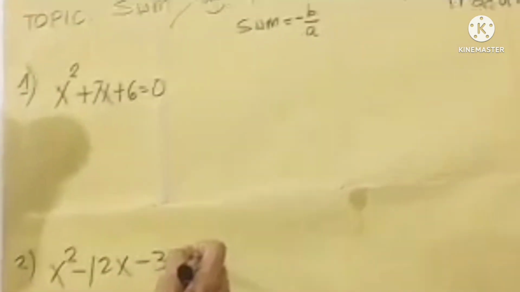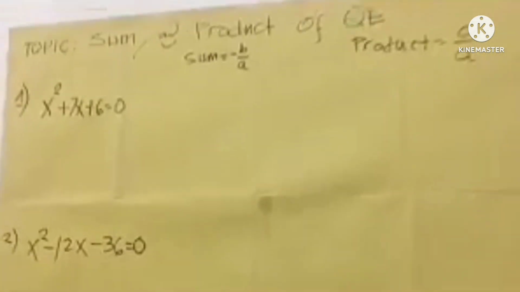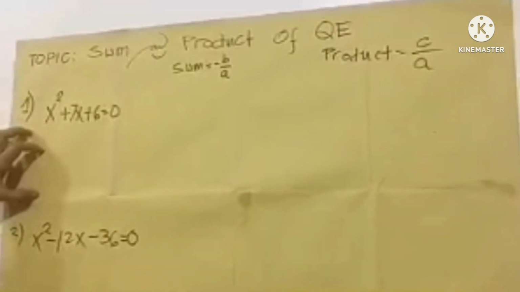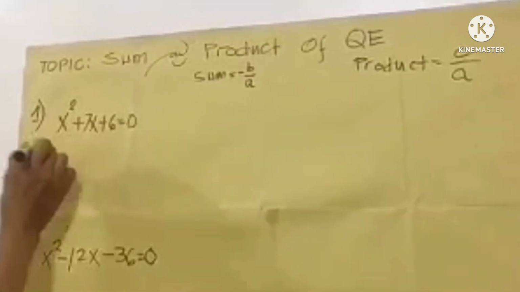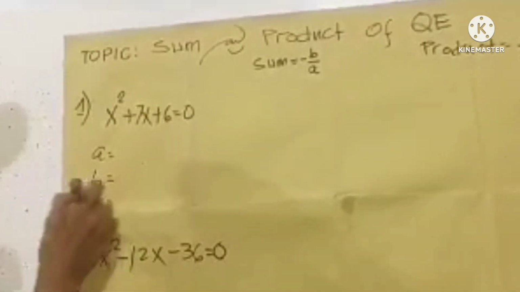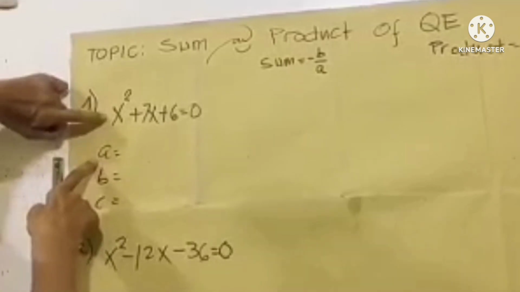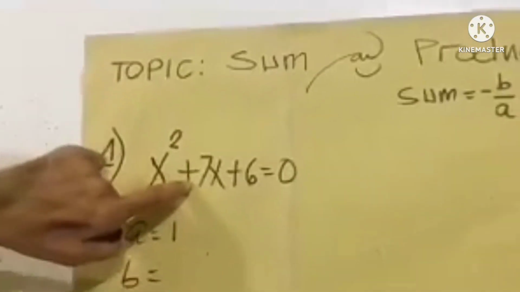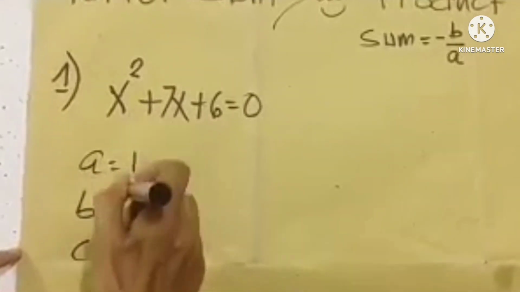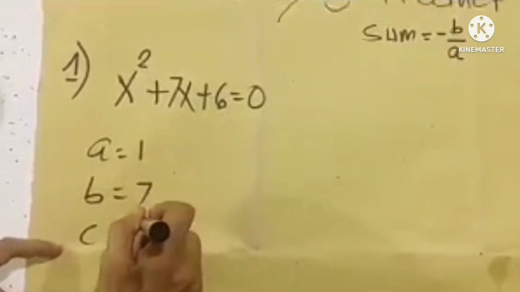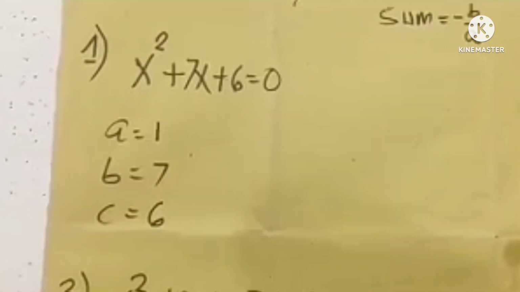Since all of this is in standard form, we can find the a, b, and c. A is the numerical coefficient of the first term, which is 1. For b, we have positive 7. And for c, which is the constant, we have positive 6.